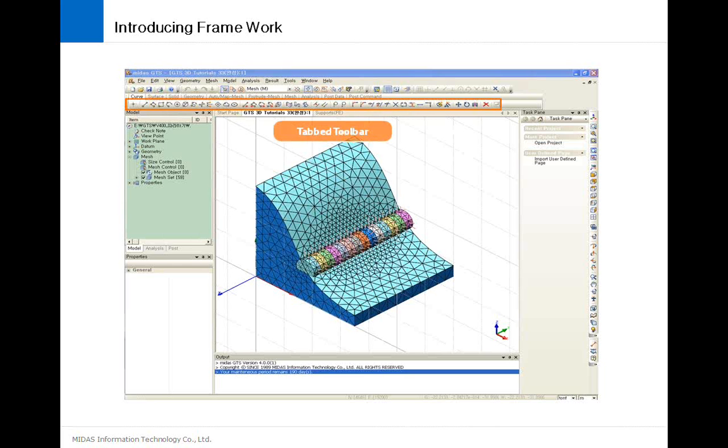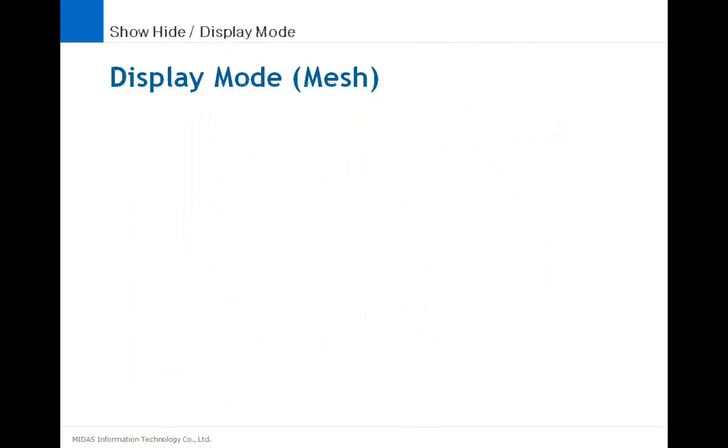Then the tab toolbars and the view toolbars with which you can have various views of the model, the various perspective views, and the measure toolbar with the help of which you can measure the distances between the points in either a single plane or even a 3D plane. Not only this, you can have the angle measurement too. So I will be demonstrating this measure toolbar in my demonstration. You can change the unit system directly through the unit system toolbars.